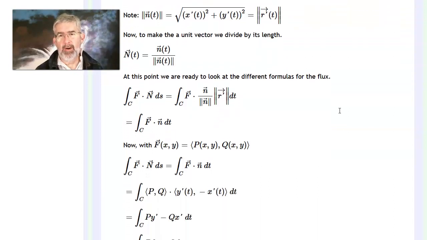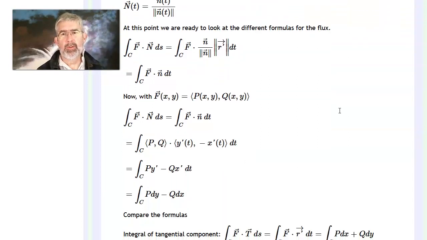Okay, now I'm going to do a little bit more to this. If I know that the vector field F of x, y can be written as the vector P of x, y comma Q of x, y, so P and Q are the x and y components of the vector field, then this F dotted with n, which we've already rewritten as F dotted with little n dt, can be written this way.